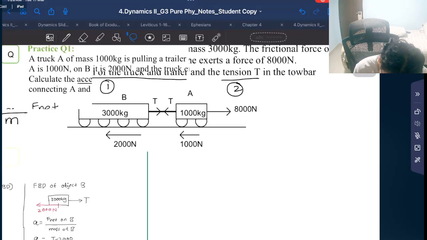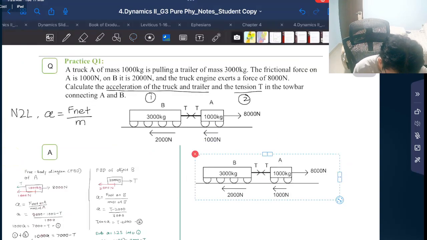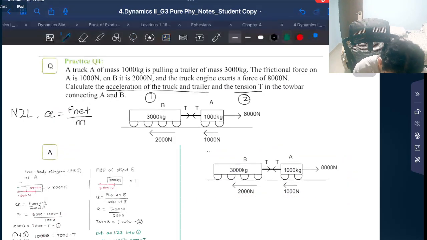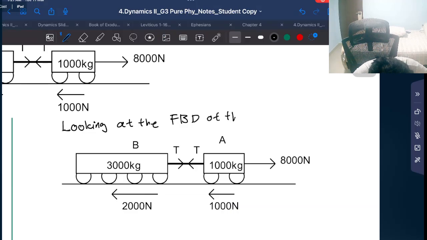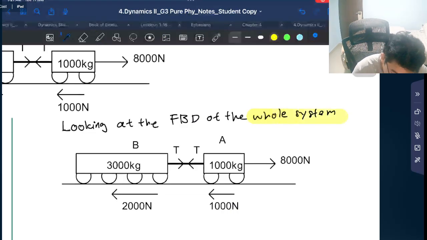I copy and paste first so it's easier for you to see. I look at the free body diagram of the whole system. What do I mean by the whole system? It means that I'm looking at this.